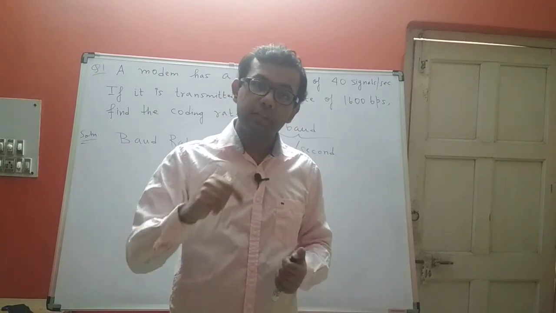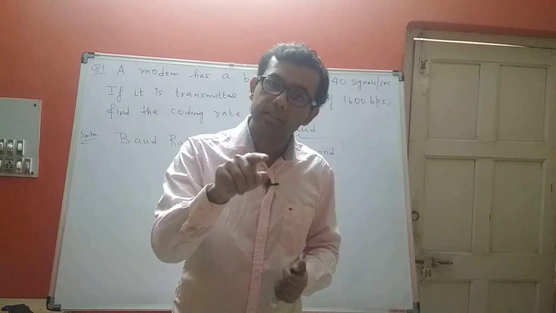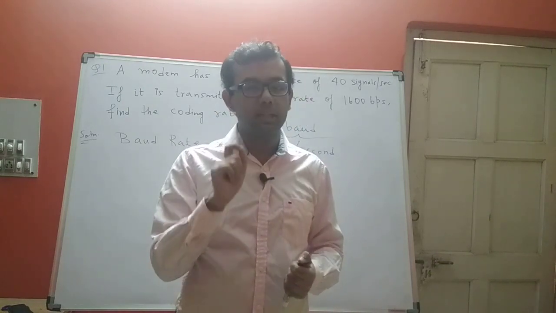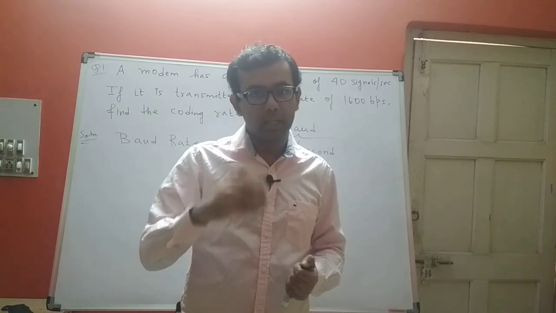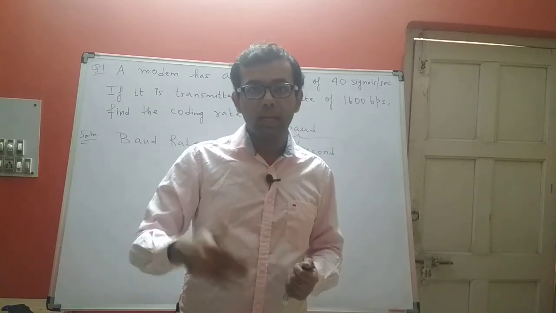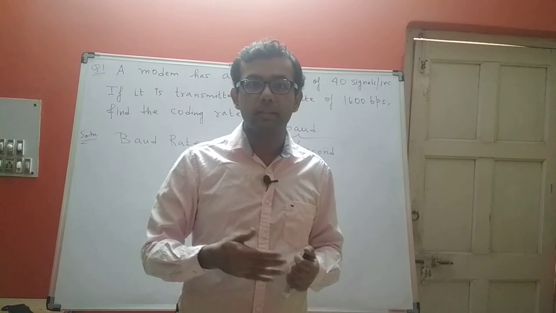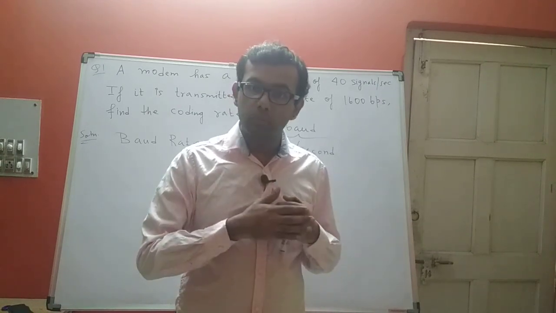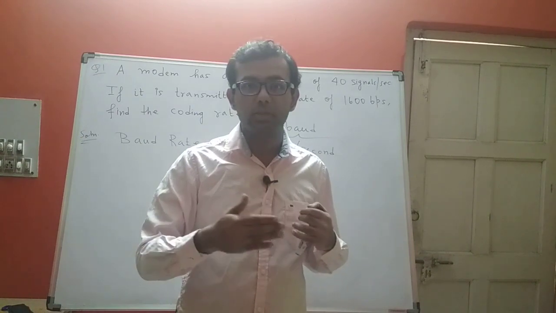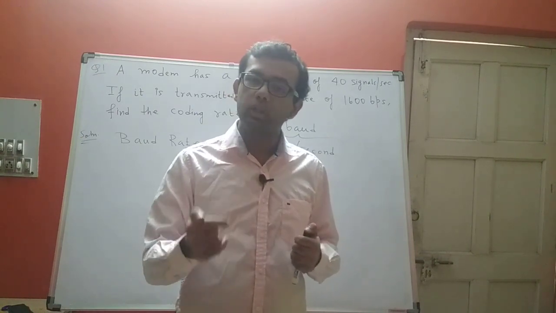And what does every signal element consist of? Every signal element consists of bits. You take all your signals, and the number of signal elements you're able to transmit per second will give you your baud rate.